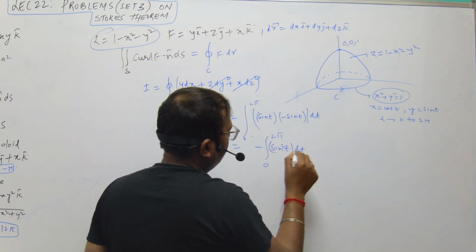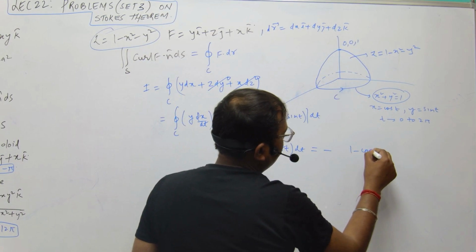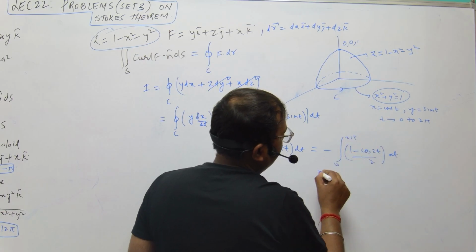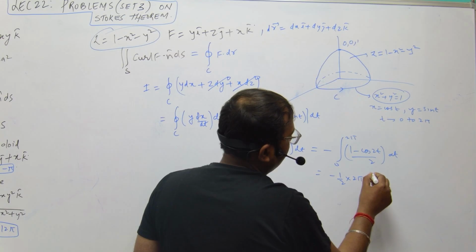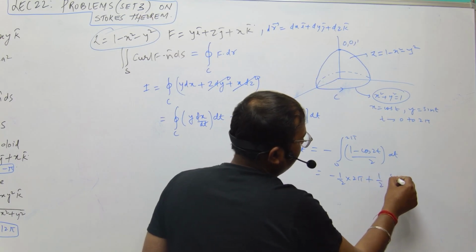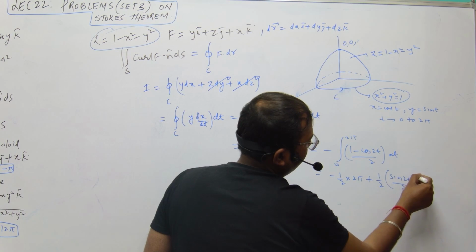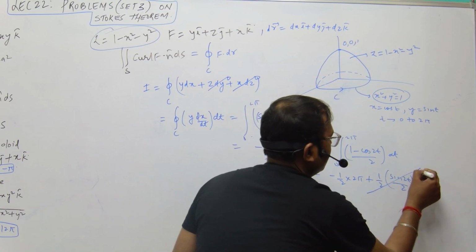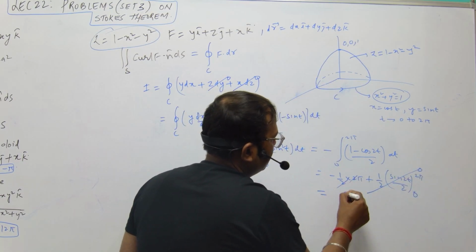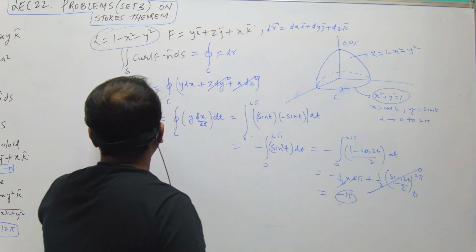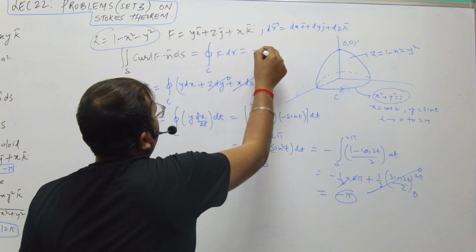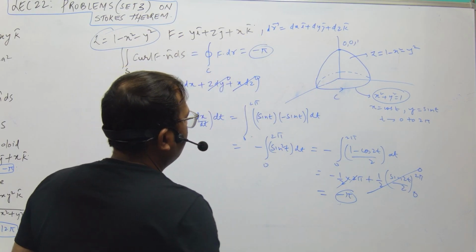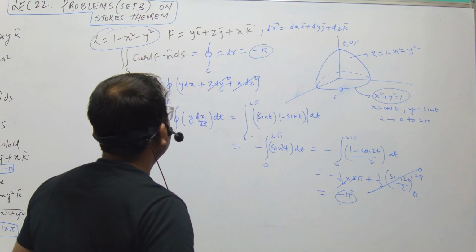This will be equal to minus of 1 minus cos 2t upon 2 into dt, from 0 to 2 pi. This is equal to minus 1 by 2 into 2 pi plus half of sin 2t upon 2, with limits 2 pi and 0. So sin of 4 pi will be 0, sin of 0 will be 0. So we are left with, this gets cancelled, minus pi. Because this surface integral is equal to the line integral, and the line integral we have got as minus pi, the value of this surface integral is minus pi.